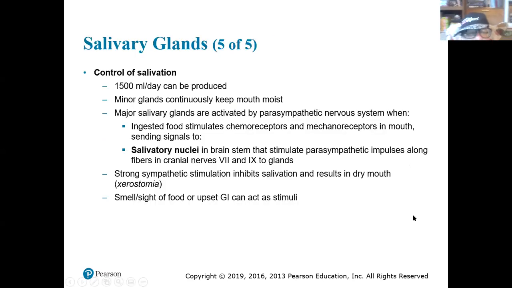Continuing. So control of salivation. We make about 1.5 liters of saliva a day. The minor glands are the ones that keep your mouth moist. The major ones are activated whenever it's time for us to eat. Parasympathetic nervous reaction. If you take food in, chemoreceptors and mechanoreceptors tell your mouth, hey, we need saliva, we've got stuff in here.